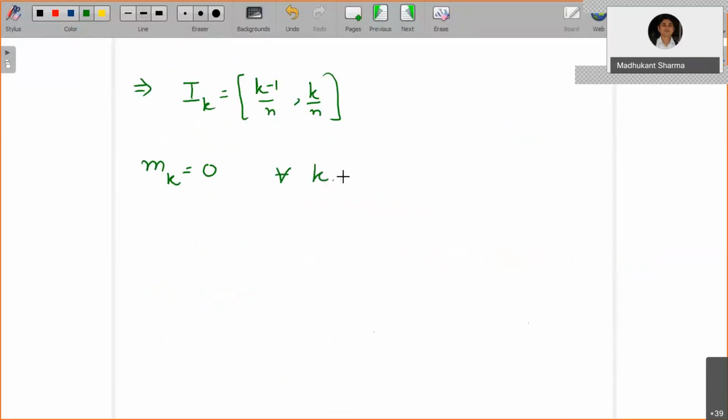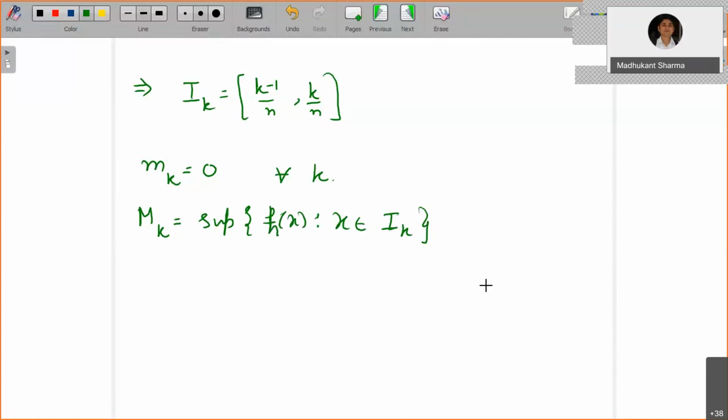That's sure, because it assumes 0 values as well as some other rationals, so that's certainly going to be the 0 infimum. Now, what about capital Mk, that is equal to the supremum of f of x such that x belongs to Ik, f of x, or you can say h of x here.